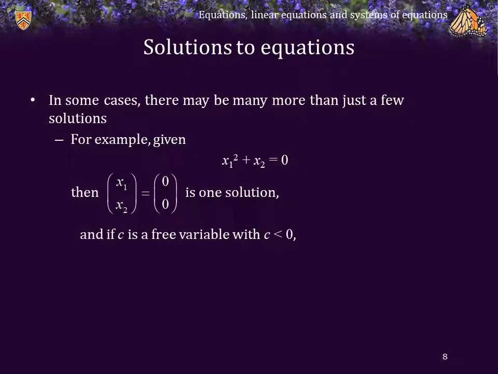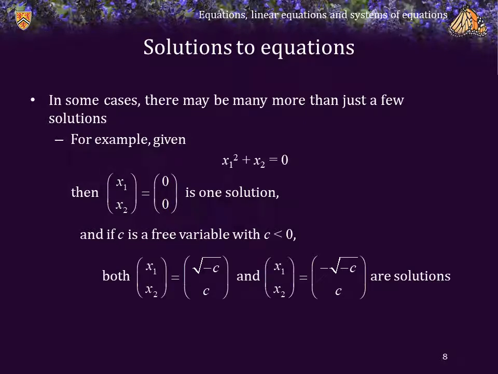And if c is a free variable with the constraint that c is less than 0, then both x1 and x2 being the square root of negative c and c respectively, and x1 and x2 being the negative square root of negative c and c respectively, these are both solutions to this particular equation. And these are solutions for all values of c less than 0.